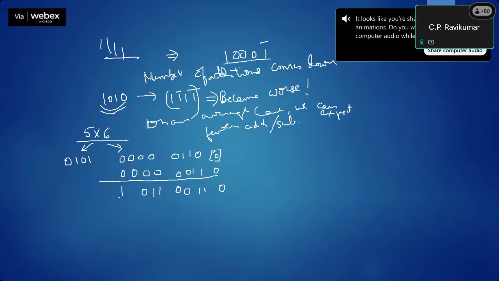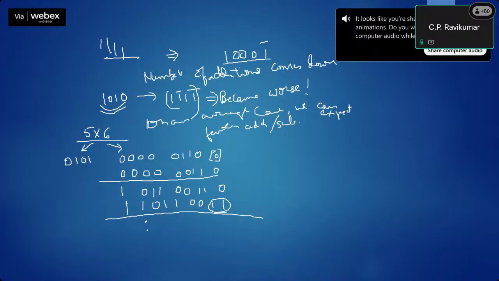Then we shift. And when we shift a signed number, we also have to add a 1. Now we are seeing a 1, 1.